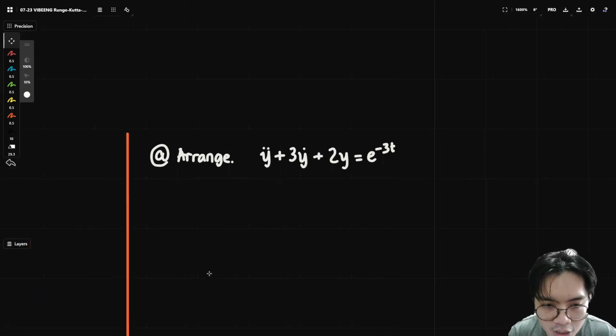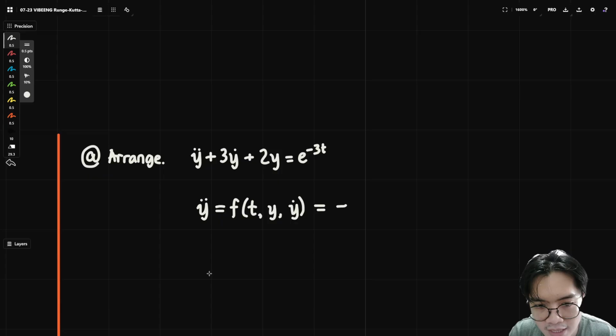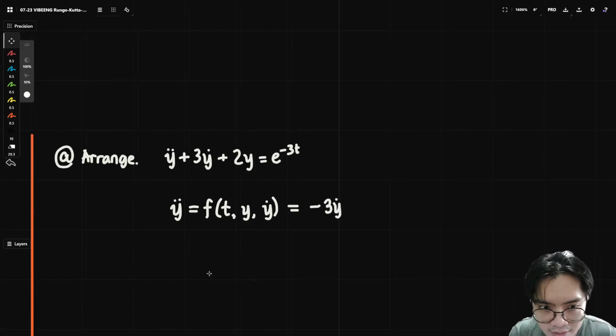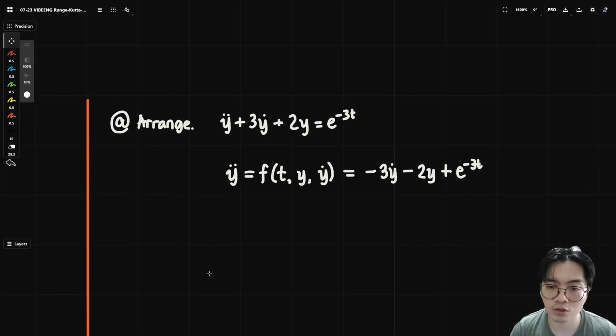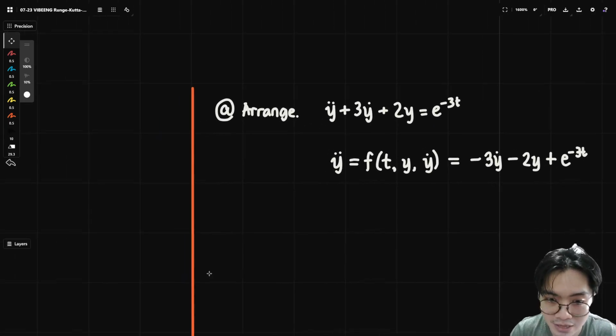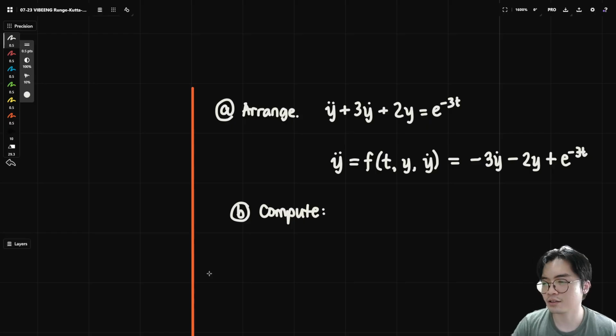Our function now, y double prime, which is a function of time, your position, and your velocity, will be equal to negative 3y dot minus 2y plus e raised to negative 3t. So you're going to see this is going to get messy real quick. Our computation here will be a bit more complex.